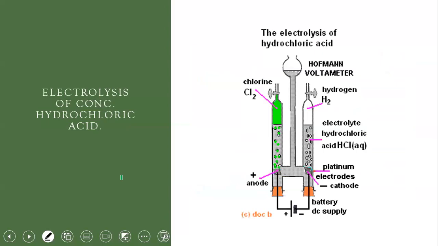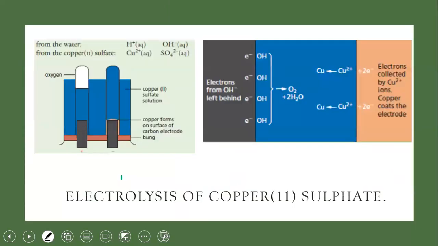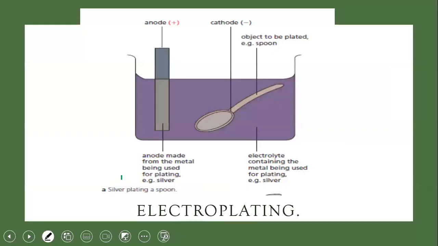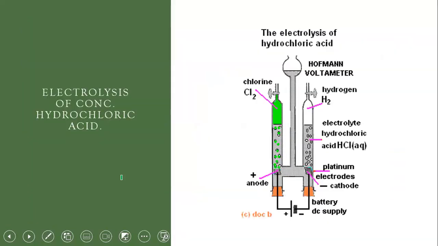No confusion. Okay. Similarly, let's take another situation. We are doing electrolysis of concentrated hydrochloric acid, right? Now, can you tell me what ions will be found in concentrated hydrochloric acid?